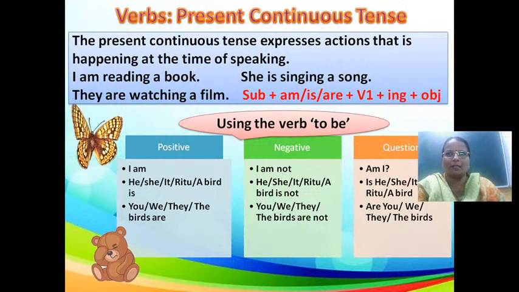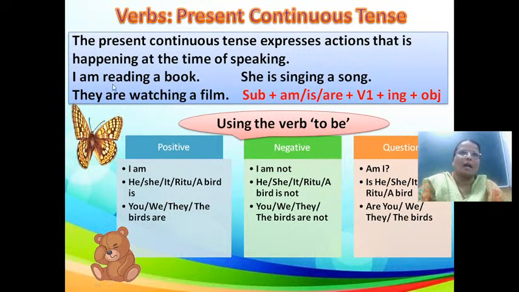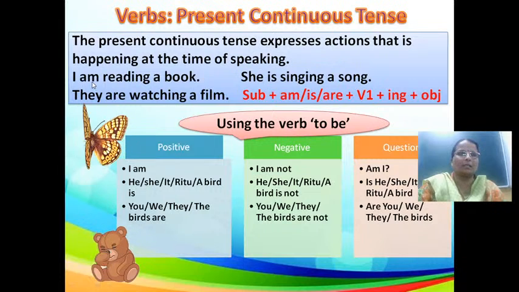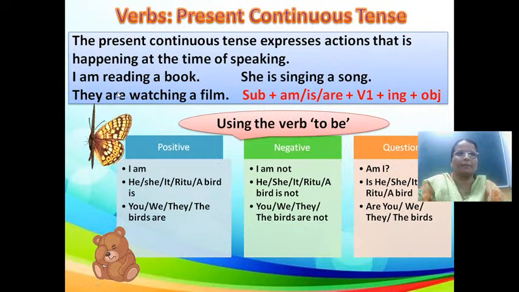Those who didn't understand, look at the first sample given here. I am reading a book. So let's make it into a question. Am I reading a book? Then question mark. So auxiliary verb, subject, ing form of the verb.